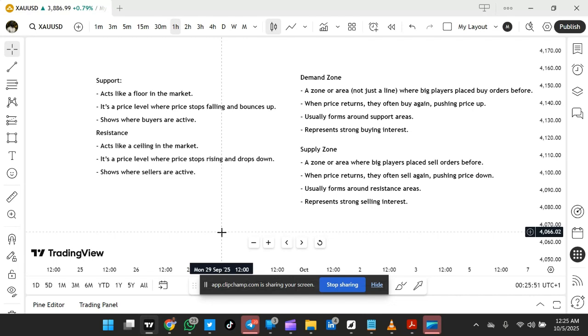So today I'm going to be showing you the difference between these four concepts. I'm going to show you on a live chart what a support and a resistance level mean, what a demand zone and a supply zone mean. If you stick to the end of this video, I'm very sure you're going to know the difference between them.